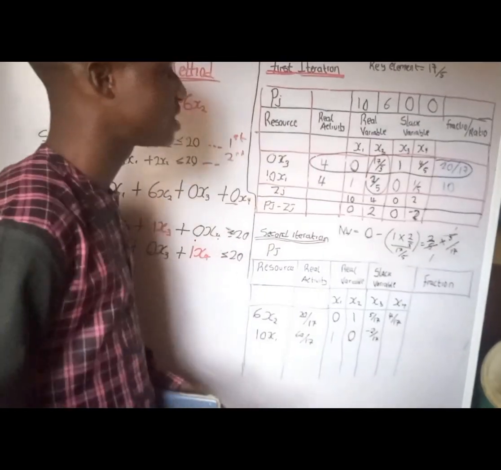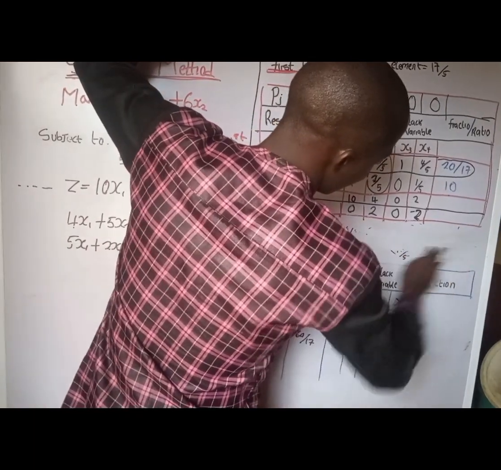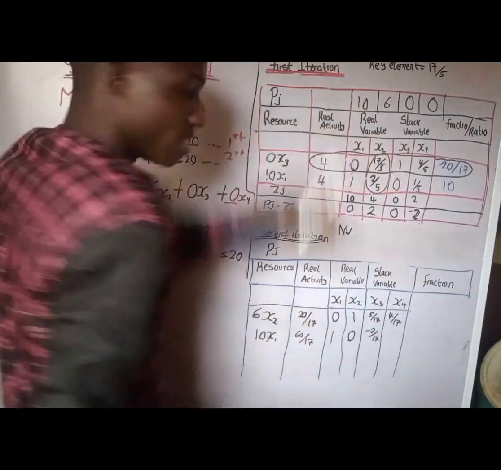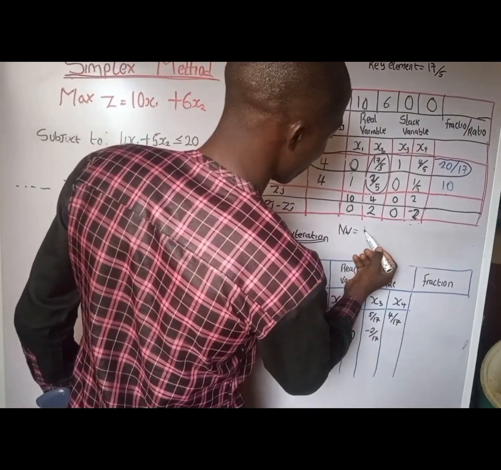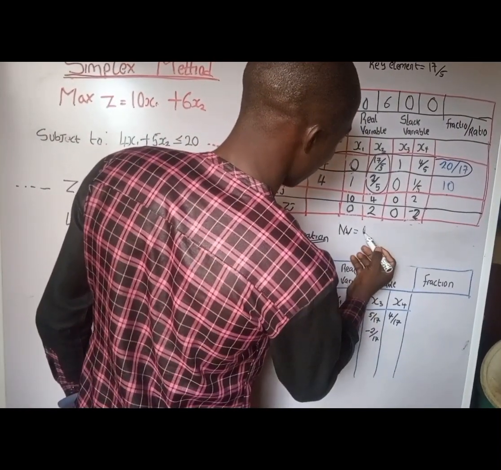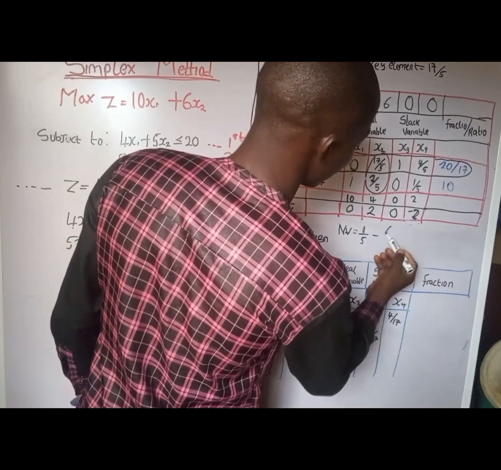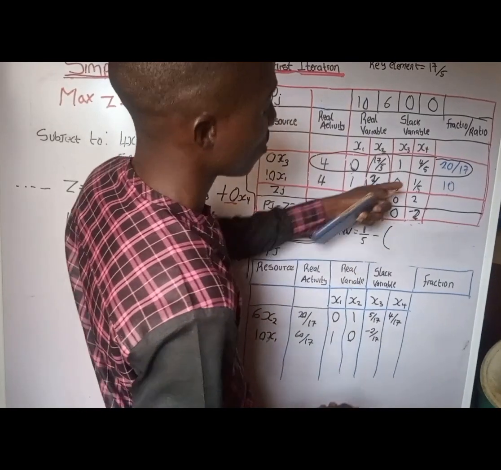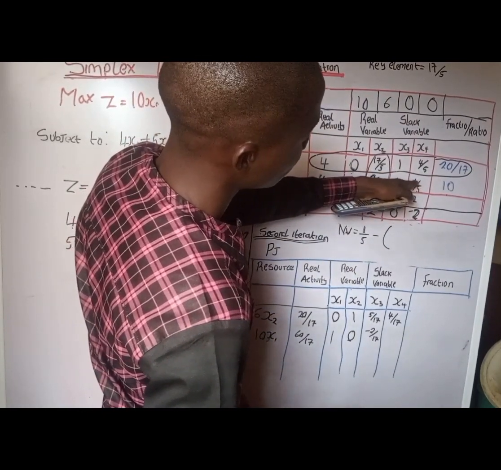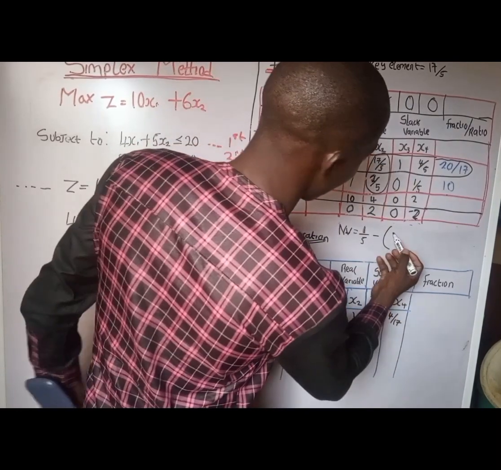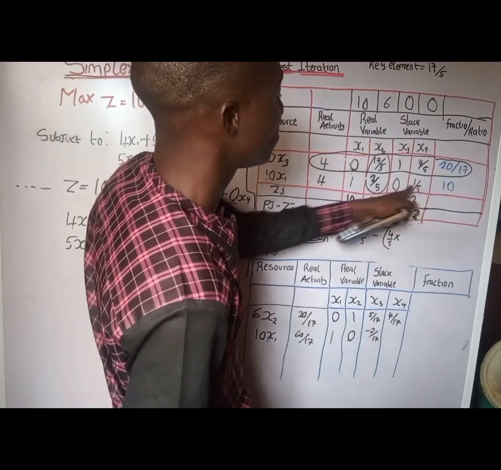Now let us get the new value for 1/5. The new value for 1/5 will be 1/5, the whole value, minus the product of the corresponding key row element, which is 4/5, multiplied by the corresponding key column element, which is 2/5.